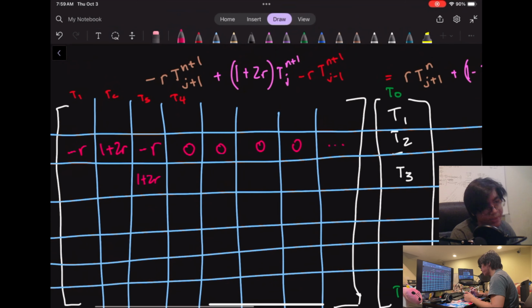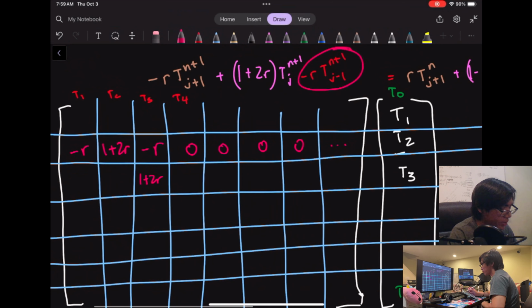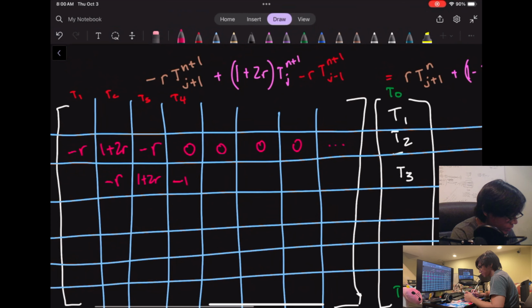And we know the sides to it must be negative R. So at J equals 3, at T2, the previous side here, must be negative R. And then at T4, which is this term, J plus 1, it also must be negative R. And again, all the rest of this row is 0.